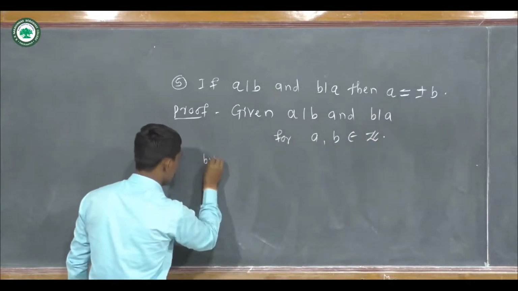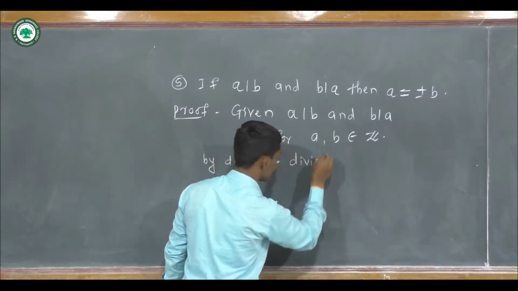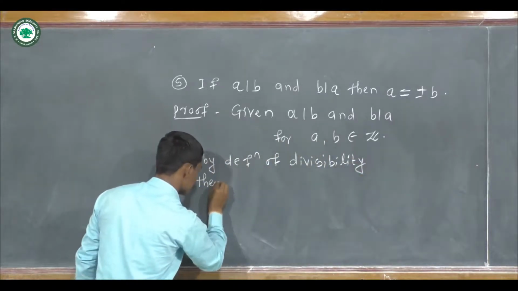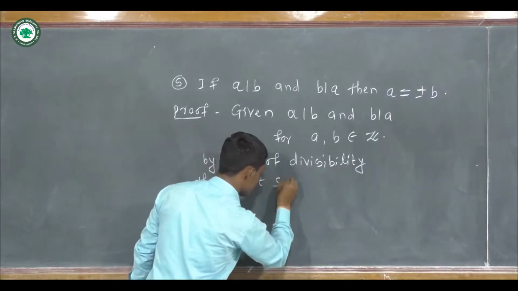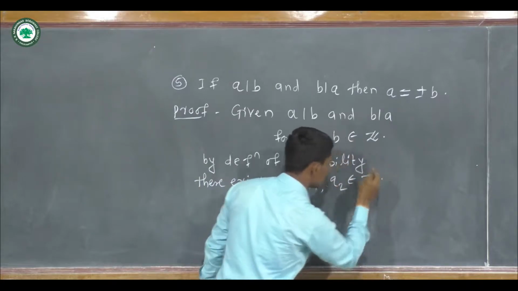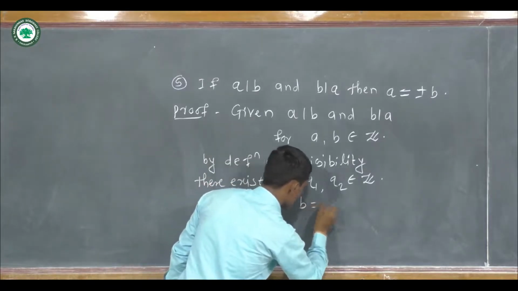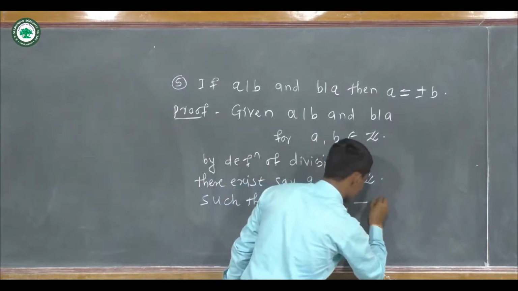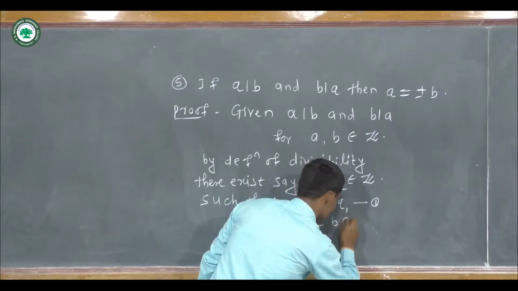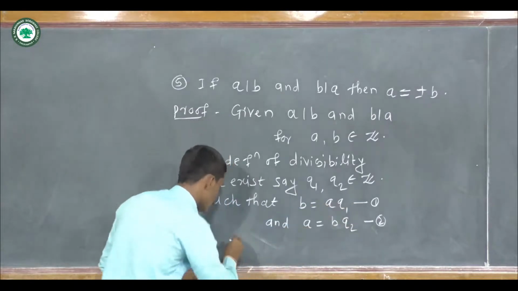Now by definition of divisibility, there exist, say, q1 and q2 belongs to z such that b is equal to a into q1, say equation number 1, and a is equal to b into q2, say equation number 2. Put the value of equation 1 in equation 2.